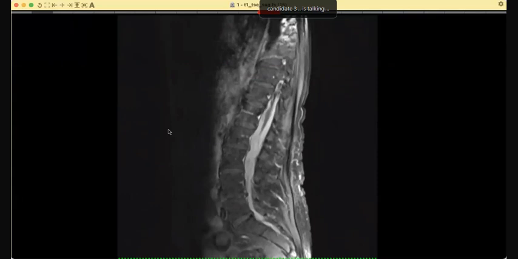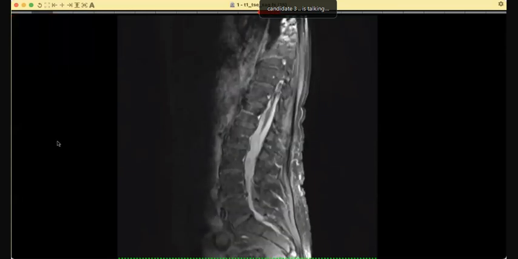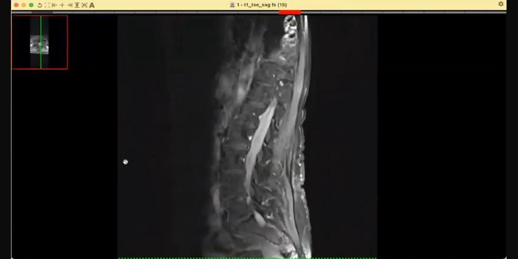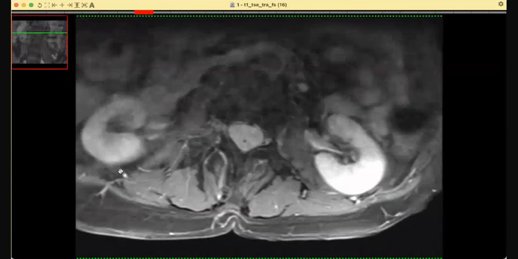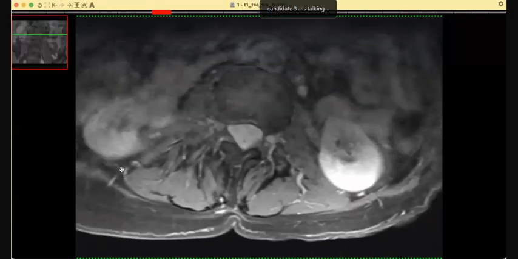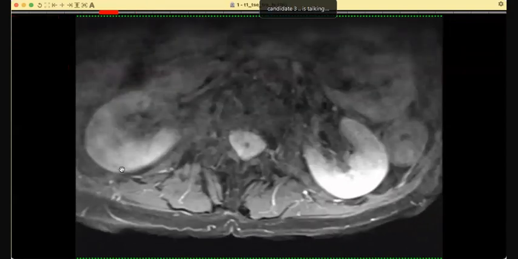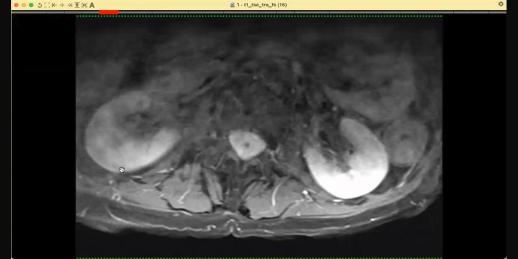Okay, I would like to check the neural axis also, especially the brain, if there's a primary lesion or this enhancement is meningeal metastasis. This enhancement, what is enhancing? What is enhancing is the meninges. Now, say again, meninges. Yes.